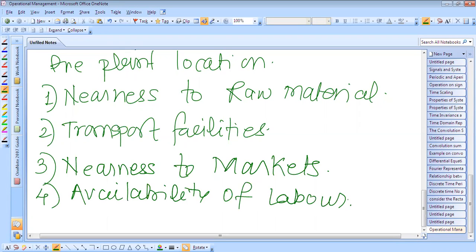So a labor force having the proper skill, proper knowledge and experience, that means the right kind and adequate size and at reasonable rates, with a proper attitude toward the work, are a few factors which govern the plant location to a major extent.